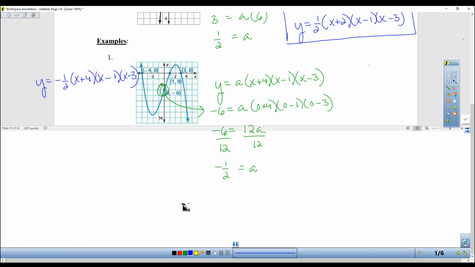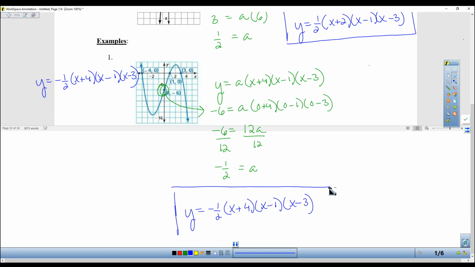So my final answer is y is equal to negative 1/2 times the factors, and you are not required to multiply this out. You can just leave it in factored form, which is actually the most informative way to write something. If it was a big, long polynomial, I wouldn't have any idea how to graph it. But this polynomial, I can graph right away.